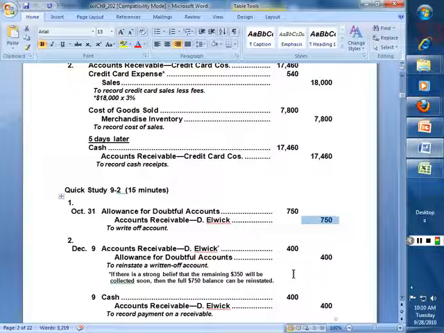Some students would come to the conclusion that let's just do the debit to cash and the credit to the allowance account because the end result is the same. The trial balance would look the same either way. You could, but what you would do then is 6 months later, Elwick says, you know, I want to get back in your good graces and do business with you again. I came back and paid $400, and I'm going to pay the rest.